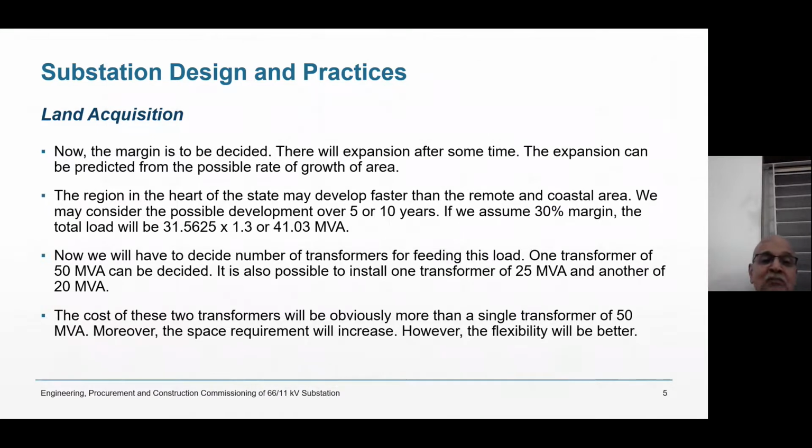So now you will not decide on 31, because today your load is 31, but electricity demand is increasing day by day. As I've told you so often, when Gujarat and Bombay states were together, they were separated on 1st May 1960.